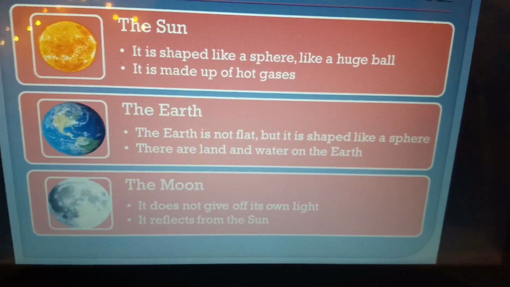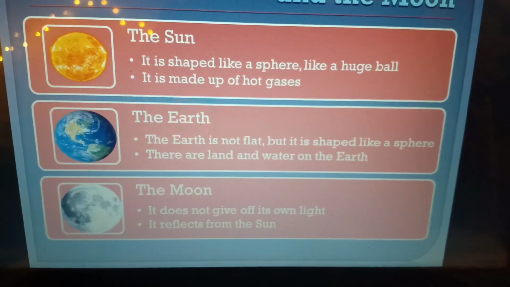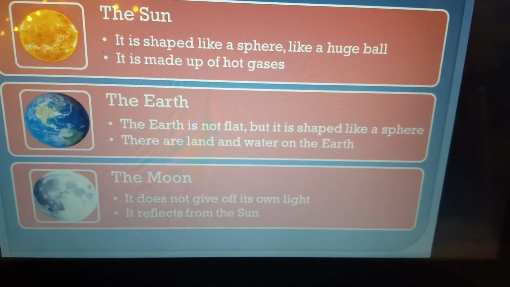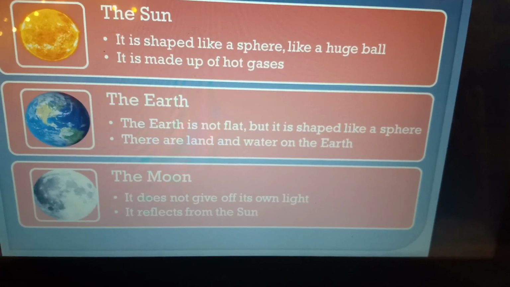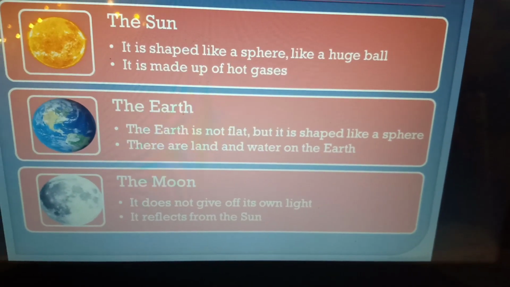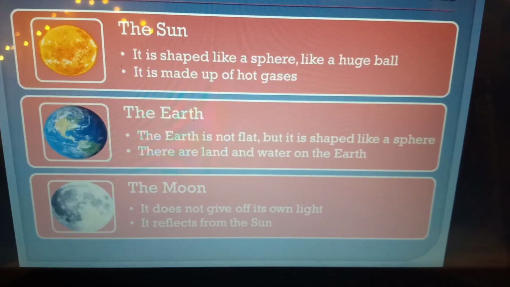Nothing can survive if you come too near the sun. And how about the earth? The earth is not flat. Even though we live here, we have never realized that, oh, probably the earth is flat.